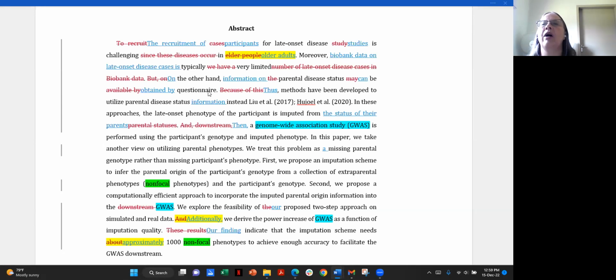Then going on to abbreviations, here you can see that this is the first mention in the abstract of Genome-Wide Association Study, or GWAS. They've written it out in full, they've defined it. And then here in the blue again, you can see they've used the abbreviation, and here they've used the abbreviation.